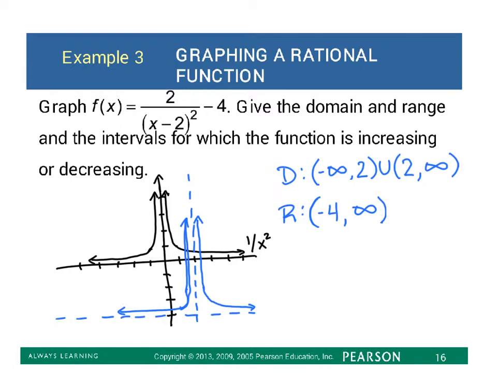And then for the parts of the function that are increasing or decreasing, and this is just for the domain, looking at this portion of the domain, we can say that portion is constantly increasing, and then the other portion of the domain, 2 to infinity, is constantly decreasing.